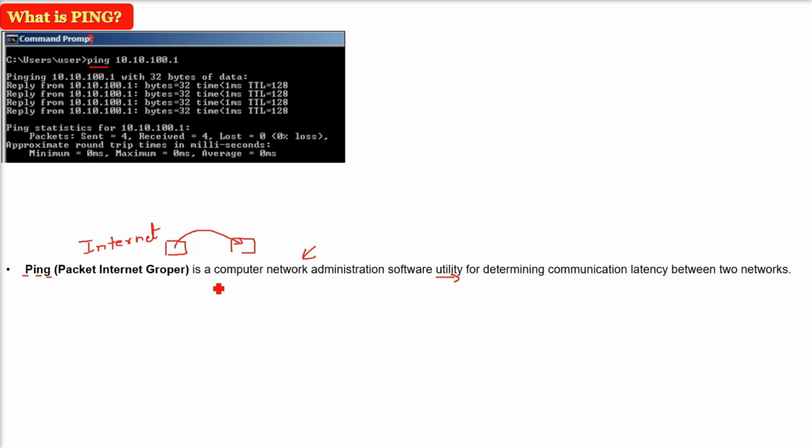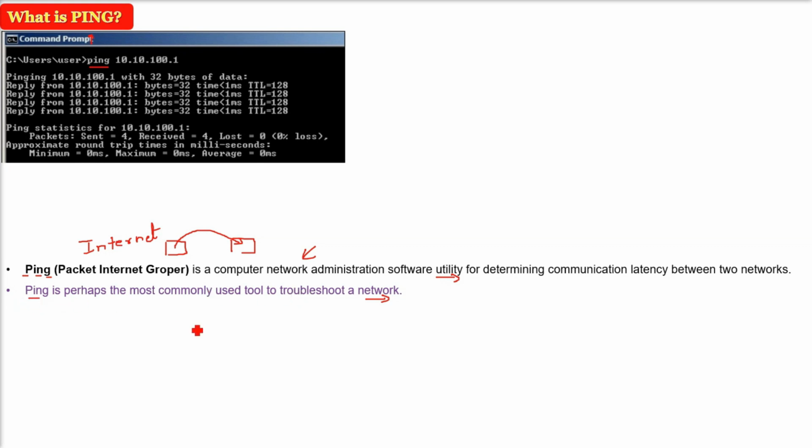So this is all about knowing the latency and network troubleshooting issues. As I said, ping is perhaps the most widely and commonly used tool, utility or command to troubleshoot a network. Very handy tool.